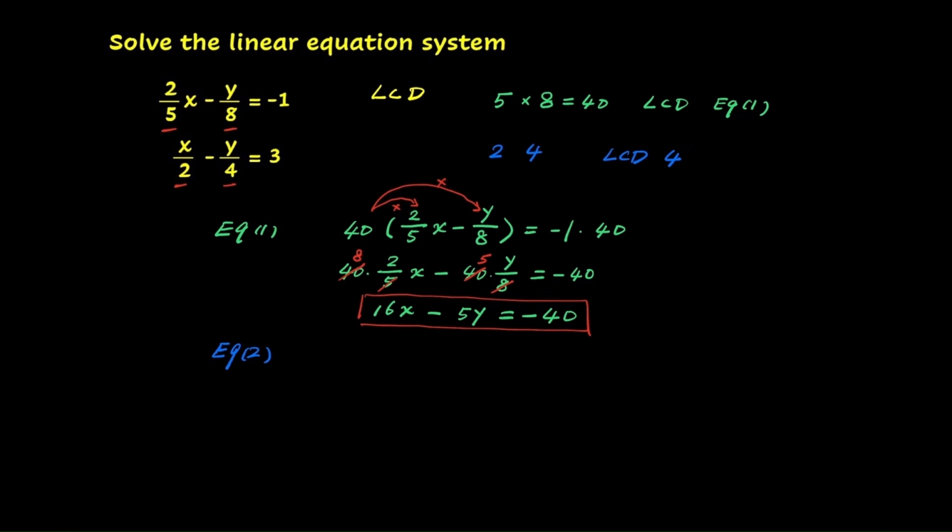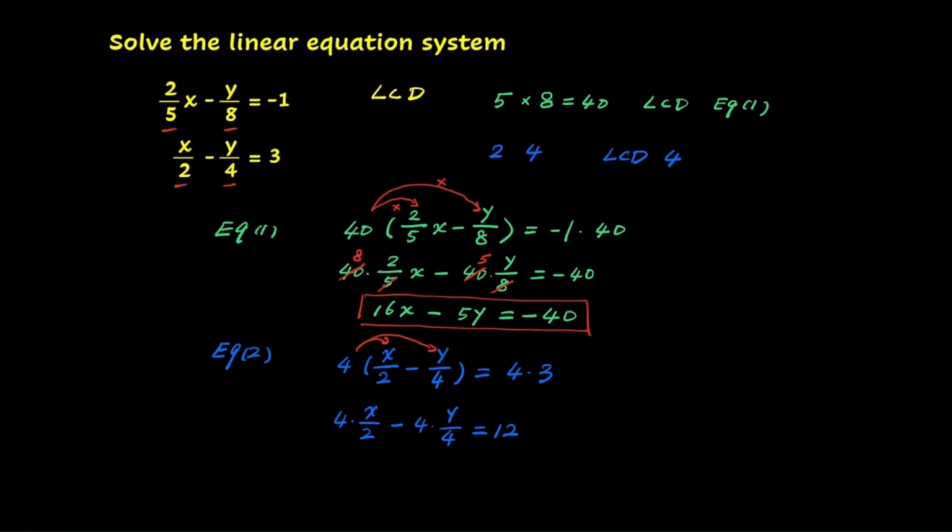We have 4 multiplied by the entire expression on the left, which is x over 2 minus y over 4, then equals 4 multiplied by 3. On the left side, we distribute 4 to each term, giving us 4 multiplied by x over 2 minus 4 multiplied by y over 4, then equals 4 times 3, which is 12.